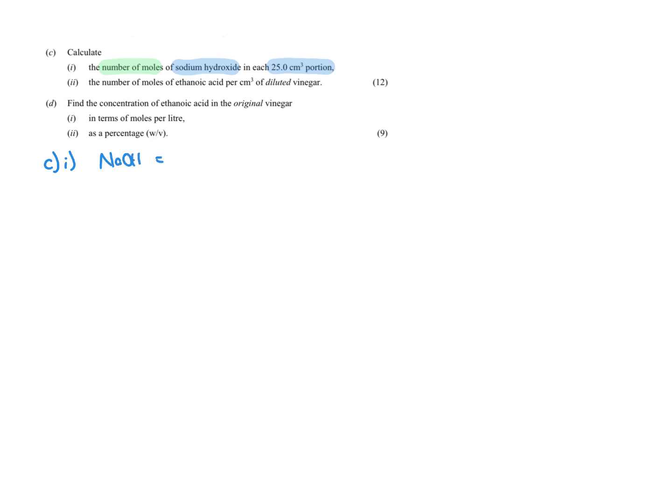So we know for our sodium hydroxide that we have 1.2 grams of it, and it's dissolved in 500 centimetres cubed. Now, we currently have grams per 500 centimetres cubed, and we want to go to moles per 25 centimetres cubed. So first thing we need to do is convert the grams to moles. And we know to go from grams to moles that we can divide by our molecular mass.